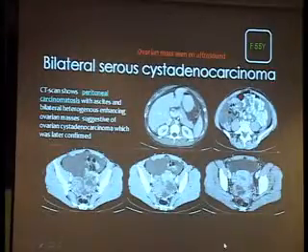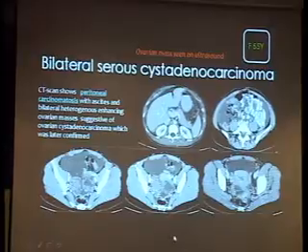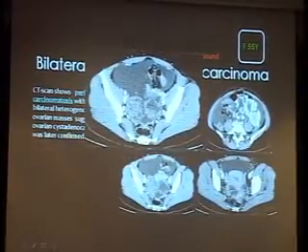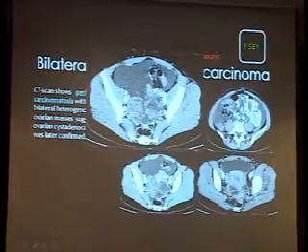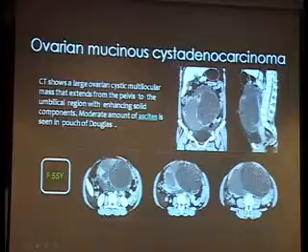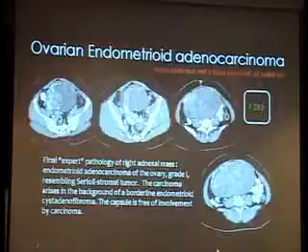And it's known in the literature that serous cystadenocarcinoma usually occurs in both ovaries, bilateral disease. And you can see here you have two lesions in both ovaries. Both lesions are cystic, but they contain solid components. And this is also an example. Here you can see the ascites along the lower edge of the liver, and you see the cystic mass with internal septations and solid components.